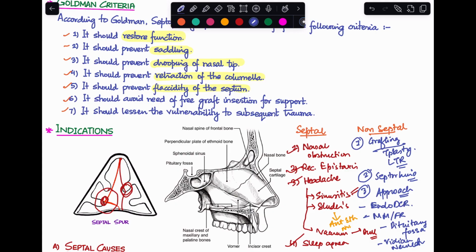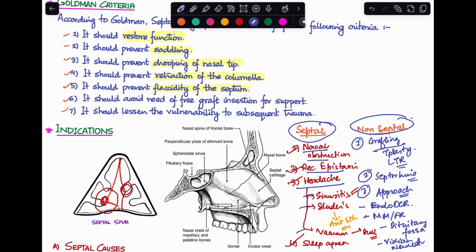So again, if I had to recap the whole thing, our indications of septoplasty can be divided into septal causes and non-septal causes. Septal causes is when a DNS is coming to you with nasal obstruction, or there is recurrent epistaxis, or there is headache because of these causes, and there is sleep apnea.